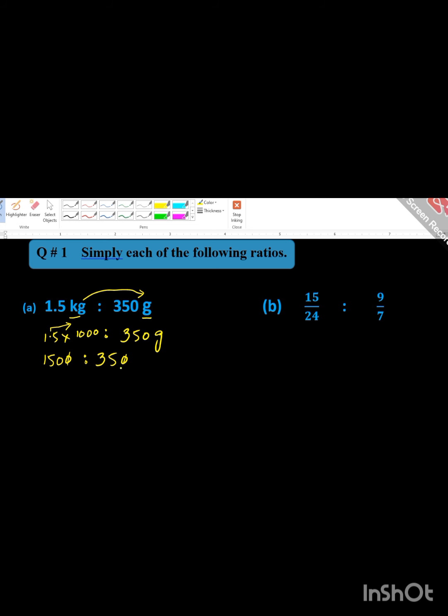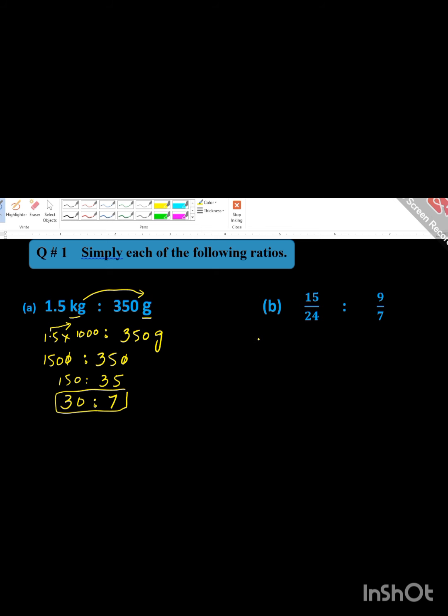This 0 will cancel and your answer is 150 ratio 35. So you can simplify further with the table of 5. When we divide by the table of 5, we get 30, and 7 5s are 35. So your answer is 30 ratio 7. Clear?